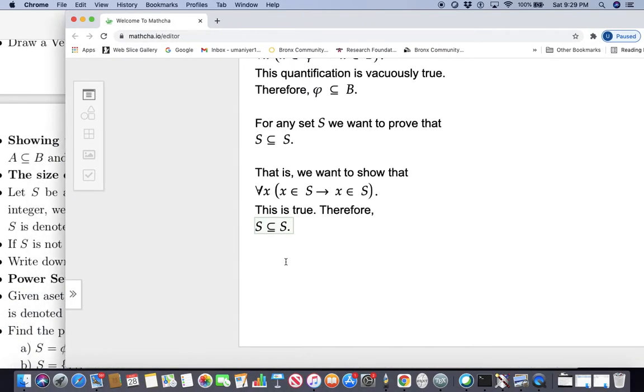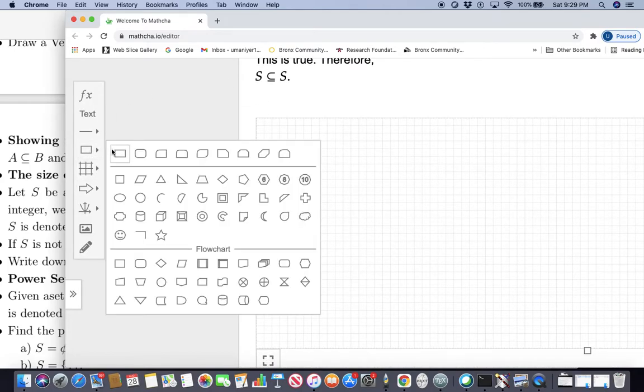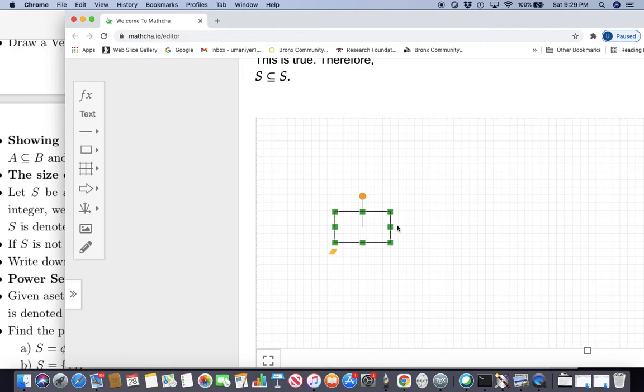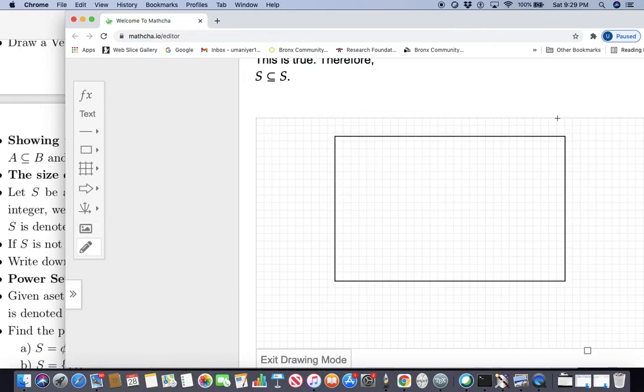What that means is, let's draw a Venn diagram. So suppose I have my universal set, right? So this is my universal set U. All right.